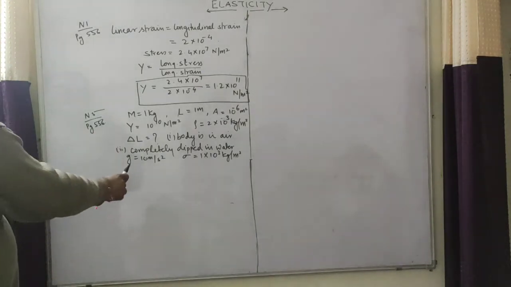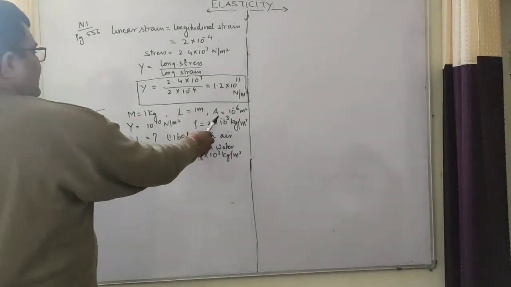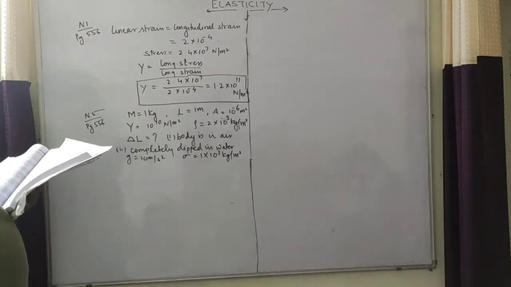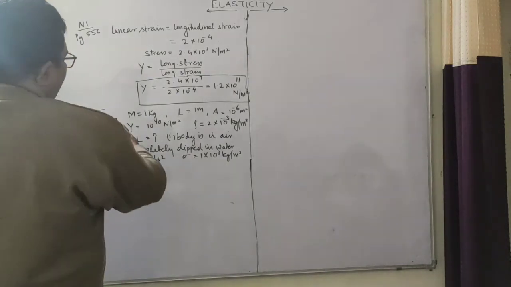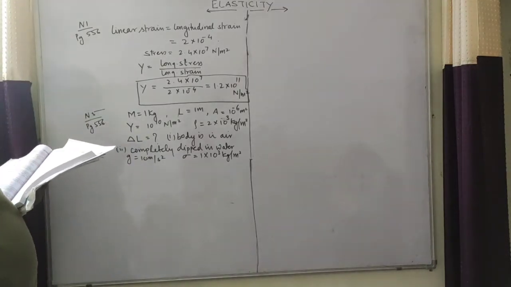M is given, g is given, you can find force. A is given, you can find stress, weight upon area. Y is given, that means it should be longitudinal stress upon longitudinal strain.